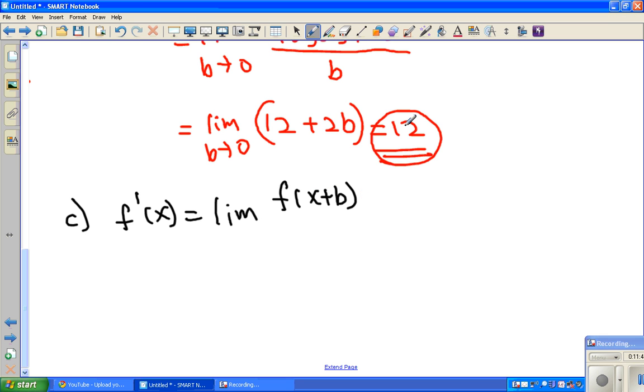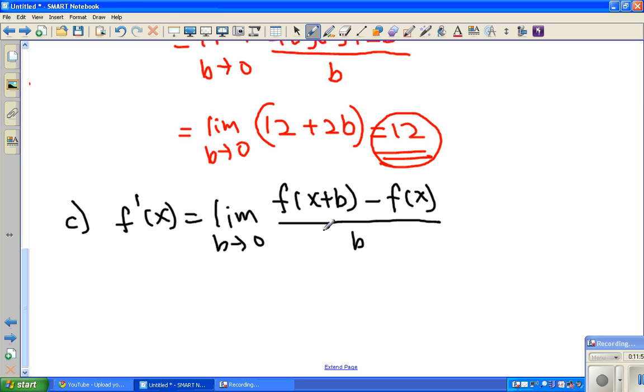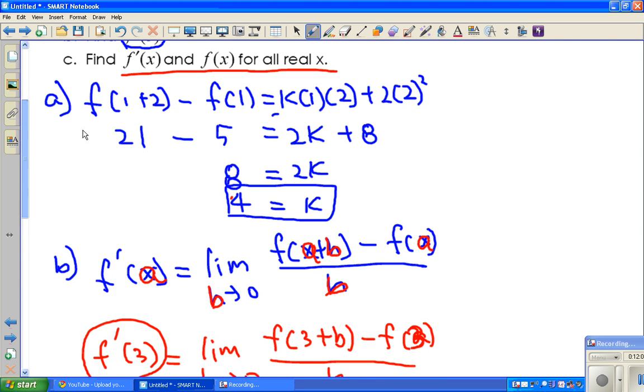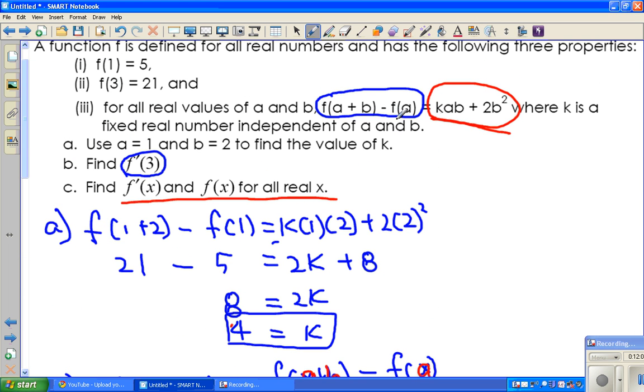Notice that I'm just going to use b because of the previous question, minus f of x all over b as b approaches 0. Notice that in place of a, we have x, as you can see right here.